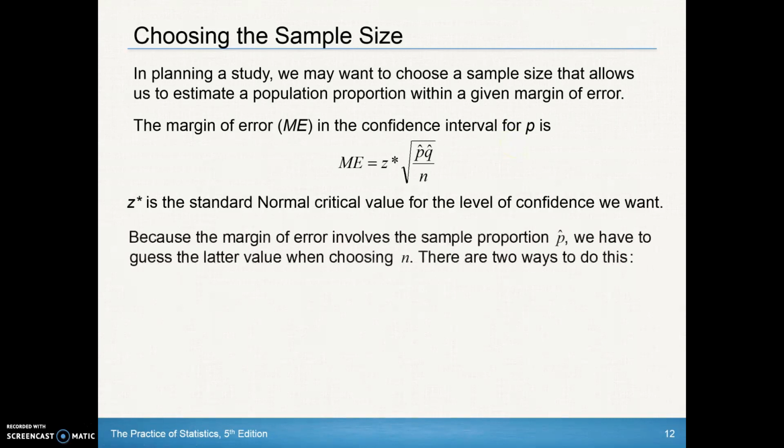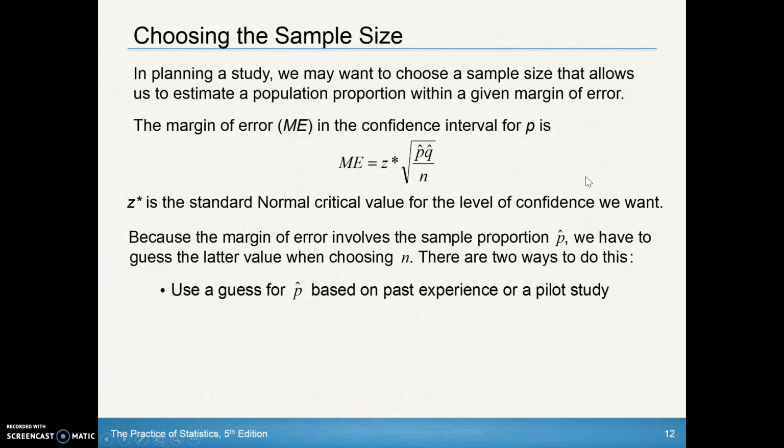So, because the margin of error involves a sample proportion p hat, we have to guess the latter value when choosing n. We have to guess this p hat. And there are two ways to do that. Well, we could use a p hat based on a previous study. Maybe somebody did this exact same experiment before, and we could certainly borrow their p hat from a previous study.